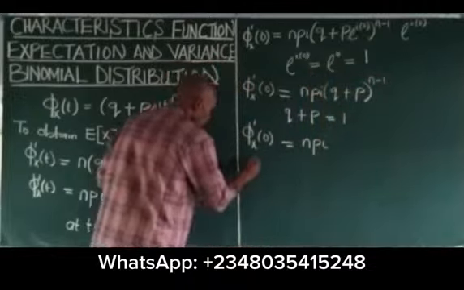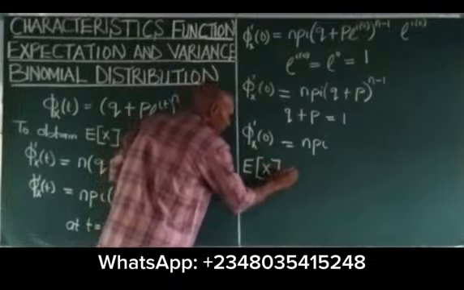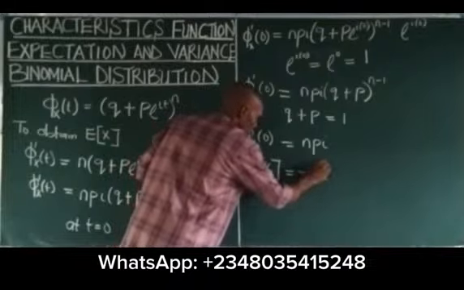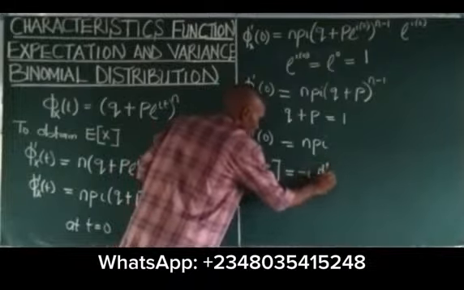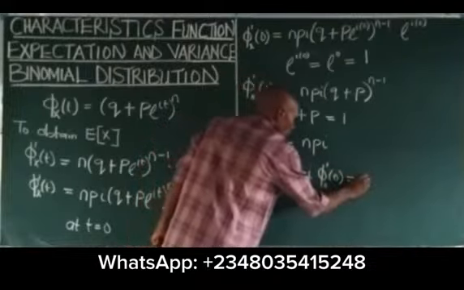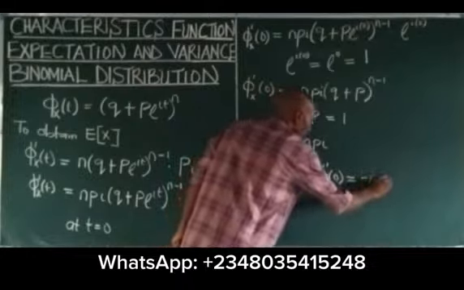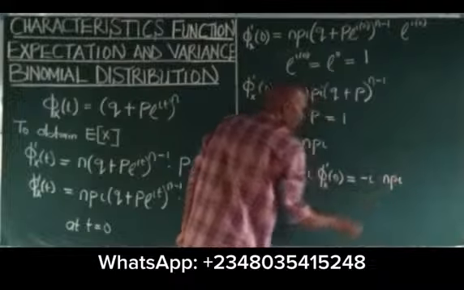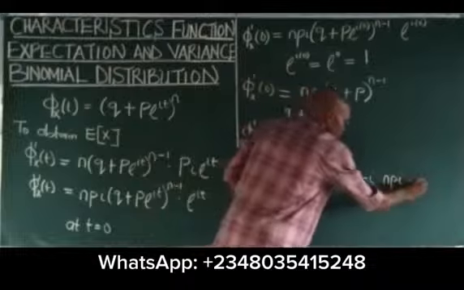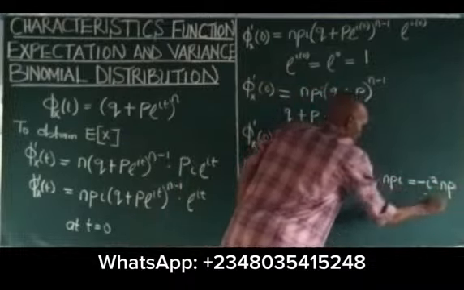So we now have that our expected value of X is equal to negative i times the first derivative of the characteristic function at 0, which is negative i multiplied by npi, which is the same thing as negative i squared multiplied by np.